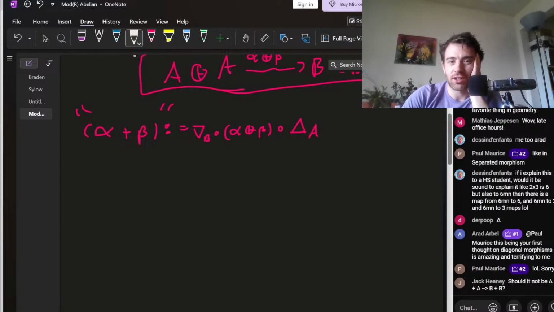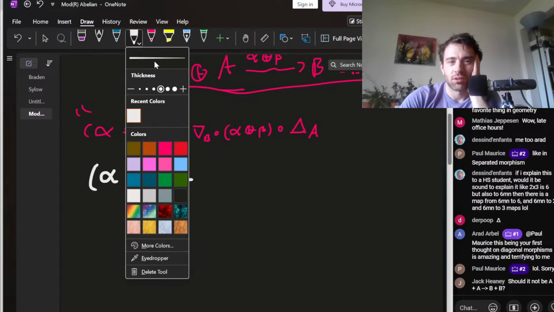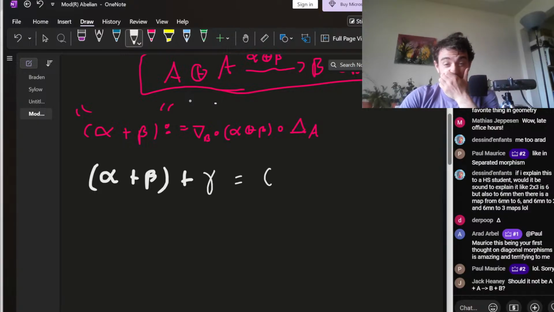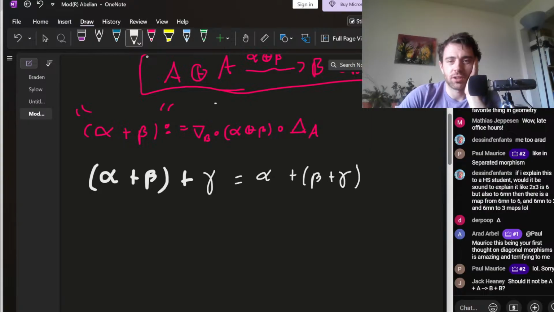So here's a challenge to all of you: I got a little tripped up on proving the associativity of this addition operation.